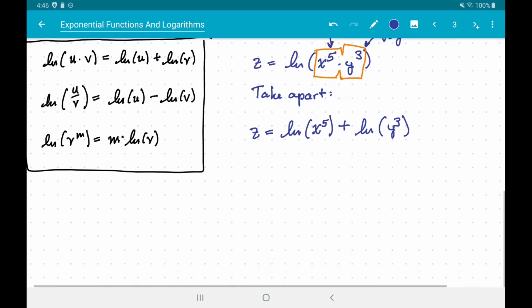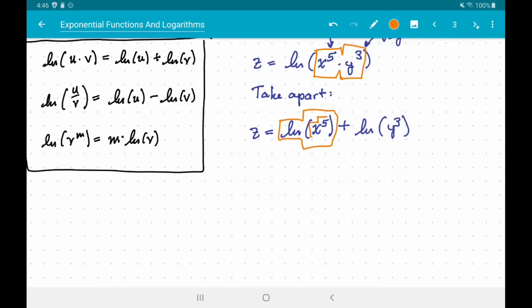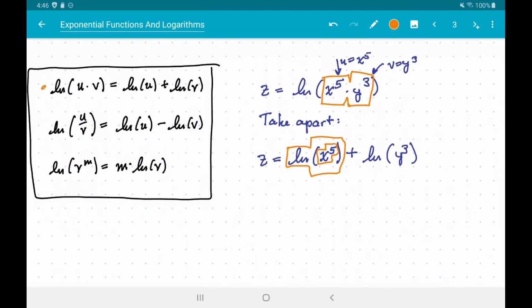Now I have ln applied to x to the fifth. Okay, which one of these properties can I use to take apart ln of x to the fifth? This one. I'm going to use v equals x, and then I write m equals 5.